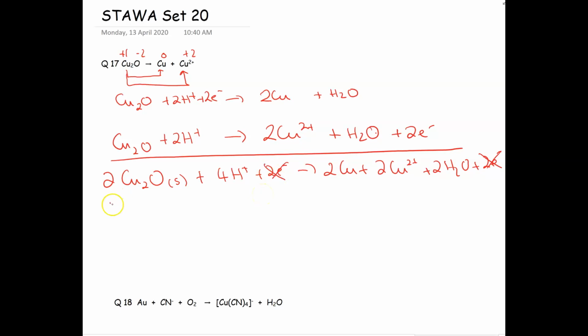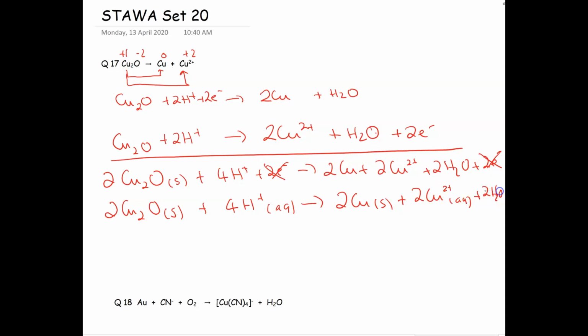And what you finish with is 2 copper oxide, plus 4 hydrogen ions, which will be aqueous, gives 2 copper solid, plus 2 copper ions, plus 2 water. So this was disproportionation, which means self-redox.